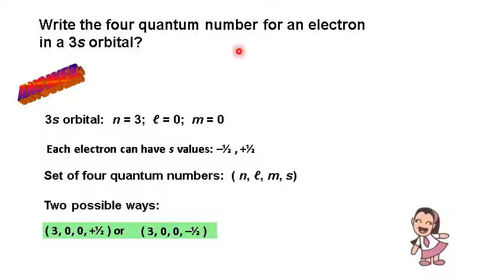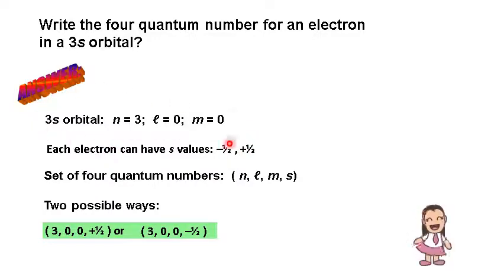Okay, let's check this question. Write the 4 quantum numbers for an electron in a 3s orbital. You can state first n equals 3, l equals 0 because it is an s orbital, m equals 0, and then the possible s value is -half or +half.